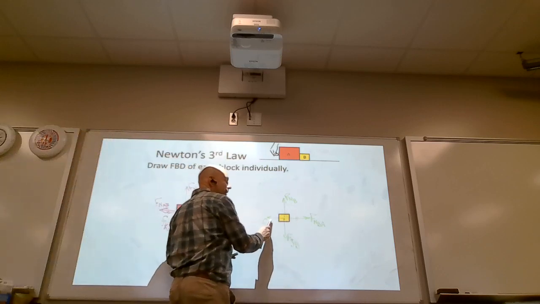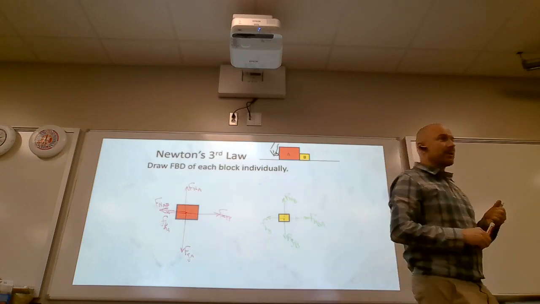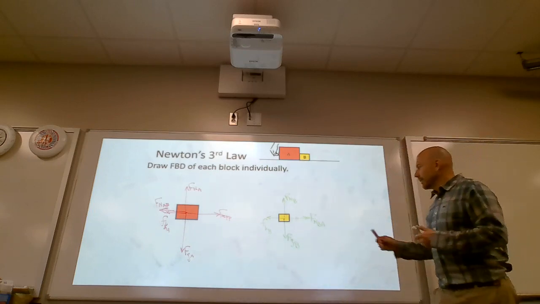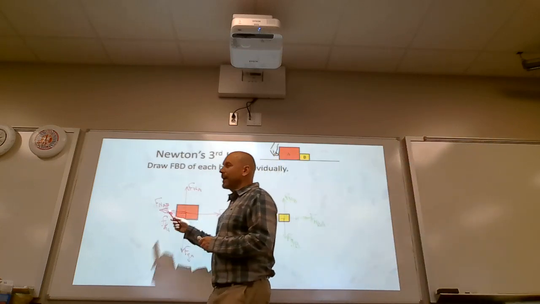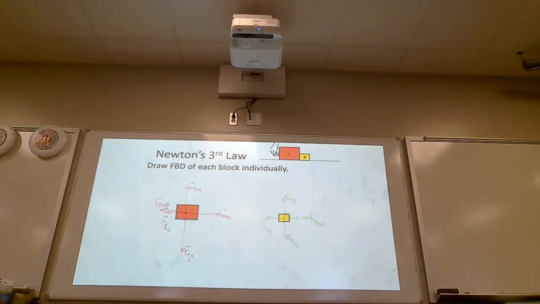This force can cancel out this force because they're acting on the same object. But this force and this force cannot cancel each other out because they're acting on two different objects. Does that make sense? That characteristic: they can't cancel each other out because they act on two different objects.